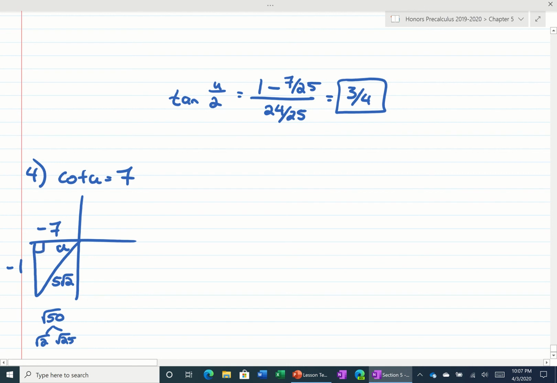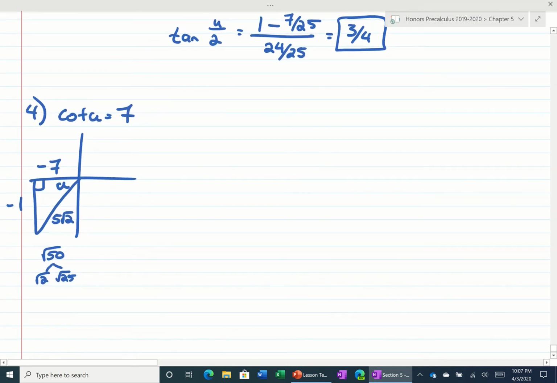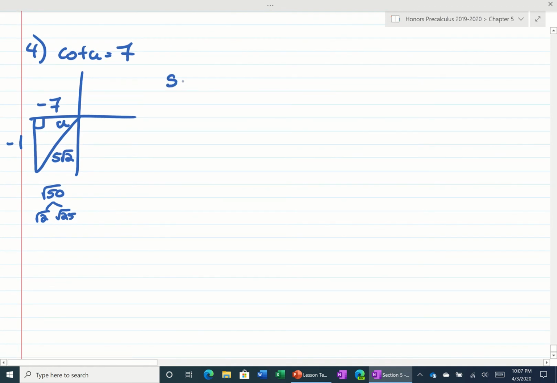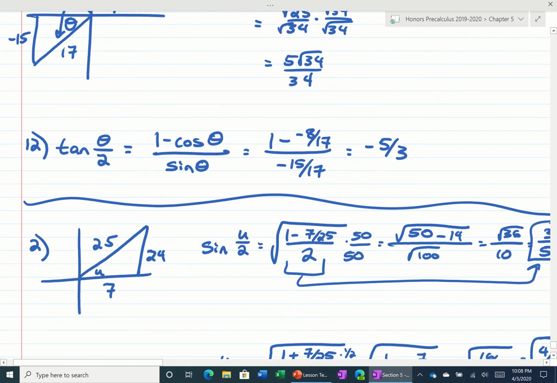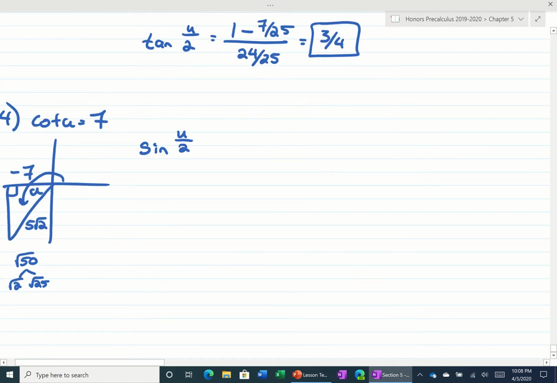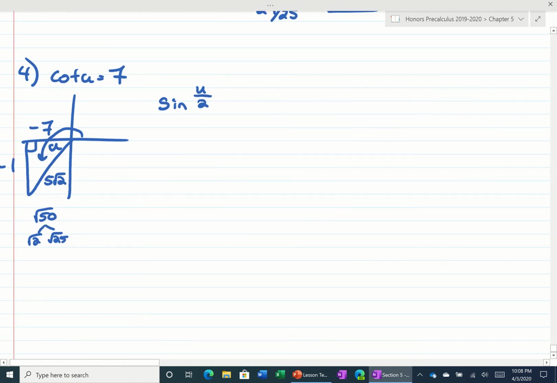So we have to figure out the other ones here, so let's do that. Okay, so the sine of u over 2, that would put us, let's see, if this is in the third quadrant, and we're trying to find u over 2, so let's say angle u is like 200 degrees.